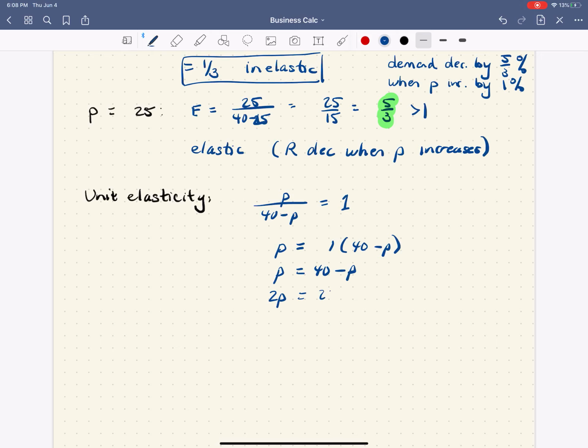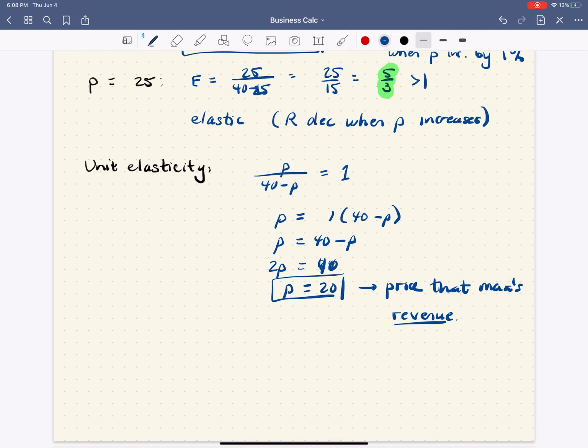That's 2P equals 40, which means P is equal to 20. So this is the price that maximizes revenue. Okay, and that's where unit elasticity occurs.